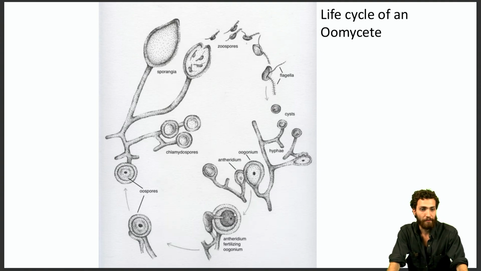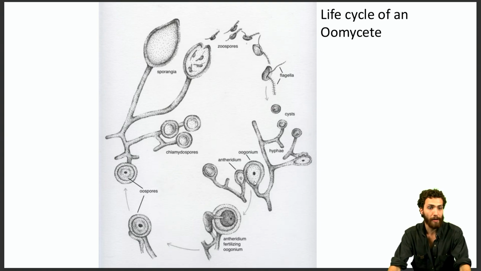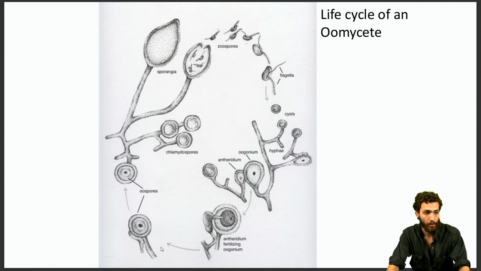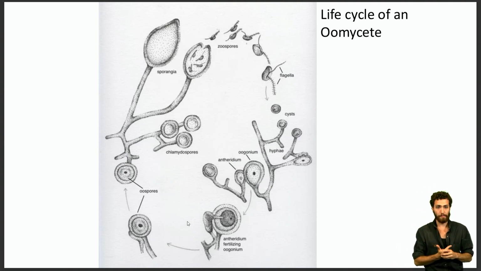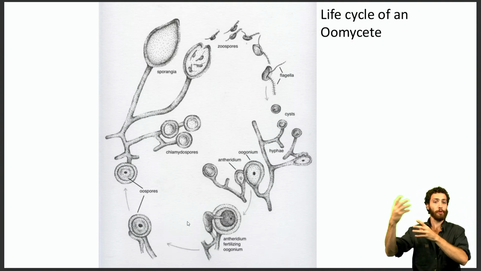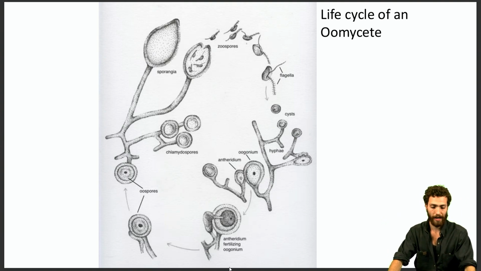And here we have fertilization, where this oogonium, which is like a womb of sorts, ends up being filled with oospores. And oospores are the product of first meiosis between the antheridium and the oogonium, then fertilization between the propagules of each. And now you have this oogonium mature and filled with oospores, which are the meiotic spore that now can disperse into the wild and start this over again.